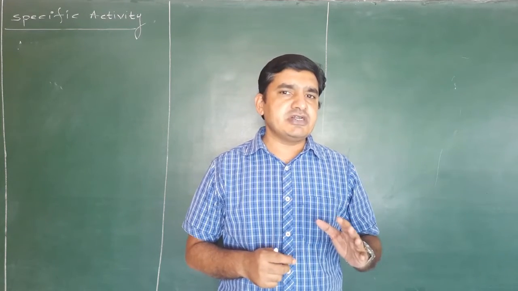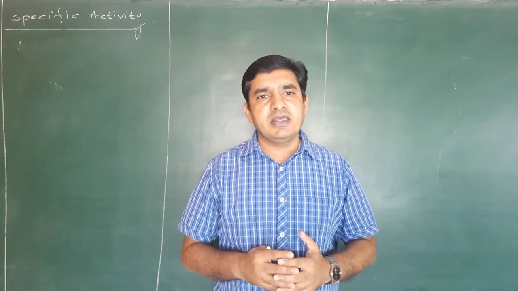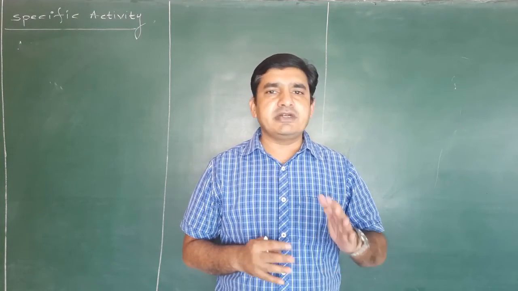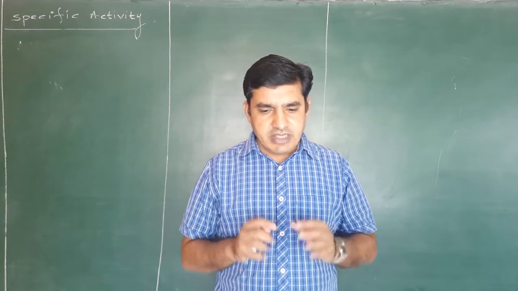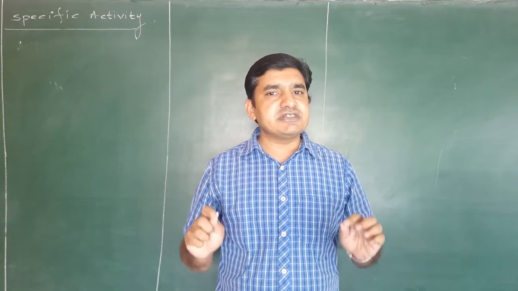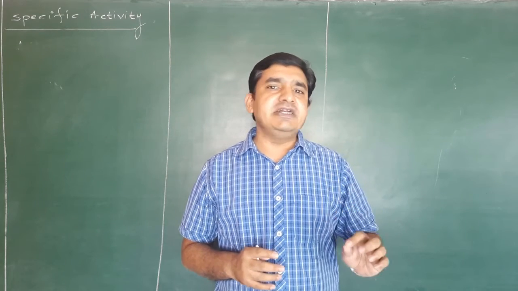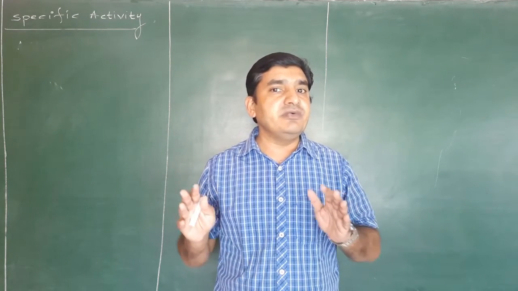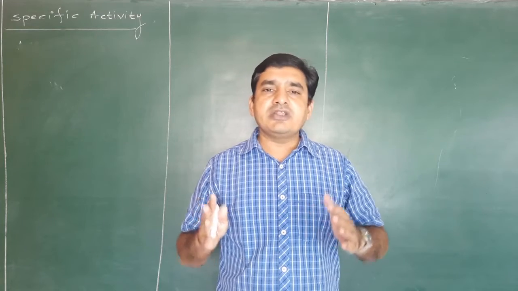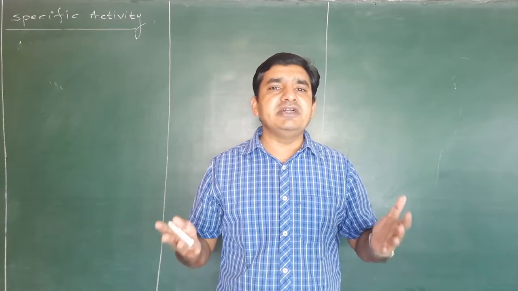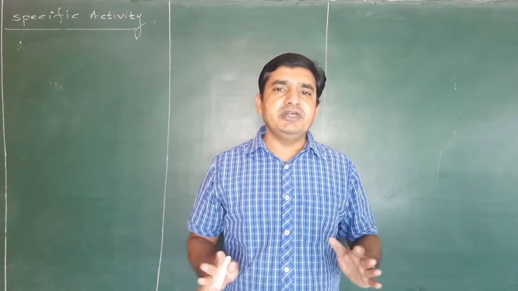In the previous lecture, we discussed the activity of a radioactive substance. The activity of a radioactive substance is the rate of disintegration of radioactive nuclei, or the number of radioactive nuclei disintegrating per unit time.